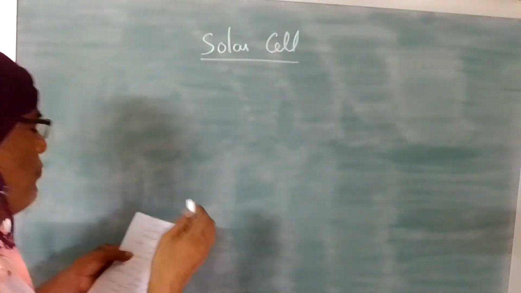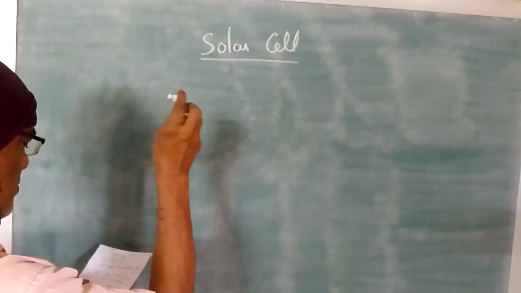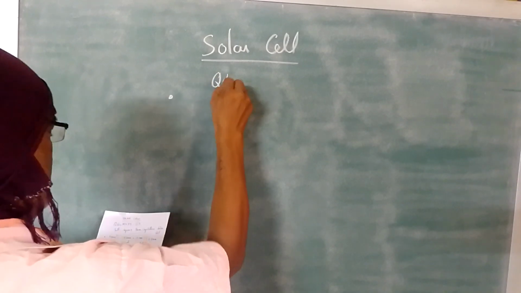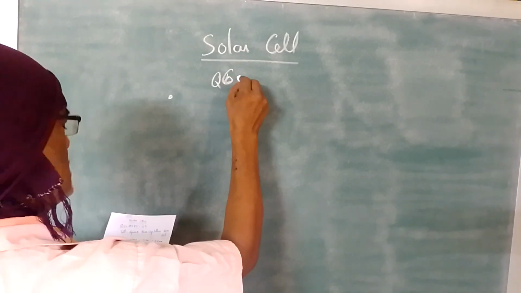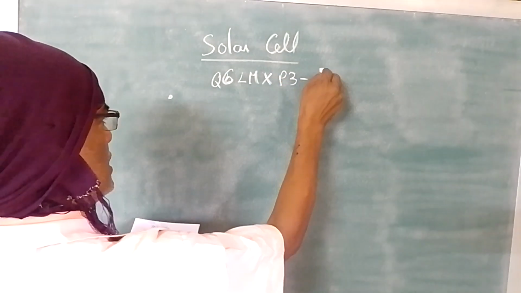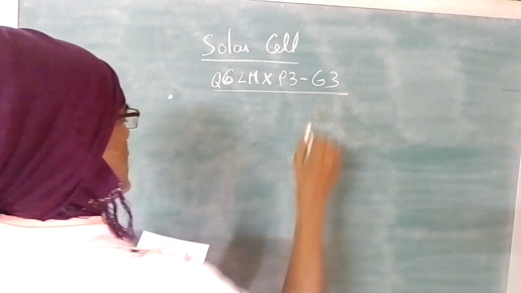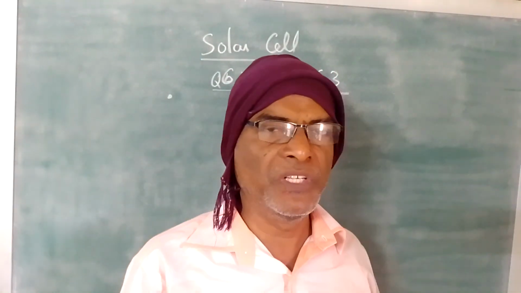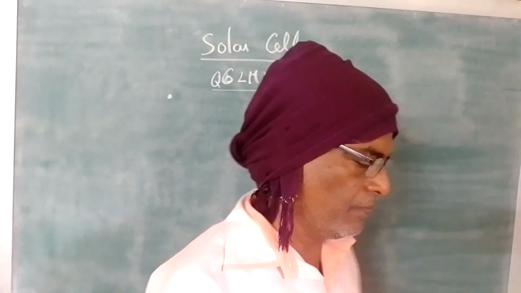For example, they may mention like this. This is from the QLQ6 LMX P3G3. So this is a data sheet of the solar cell. I am giving only the important features of that solar cell.